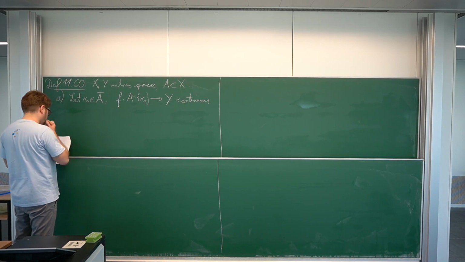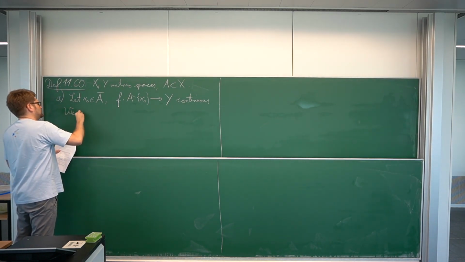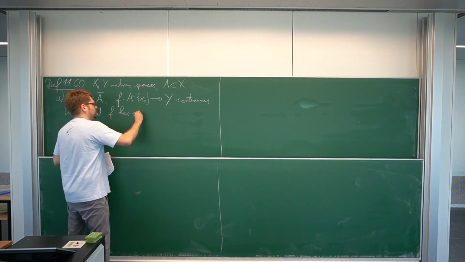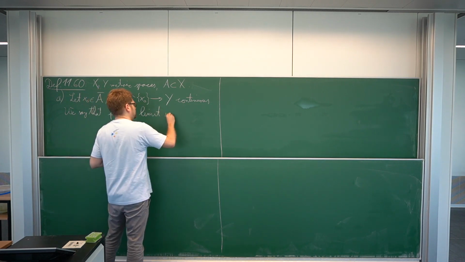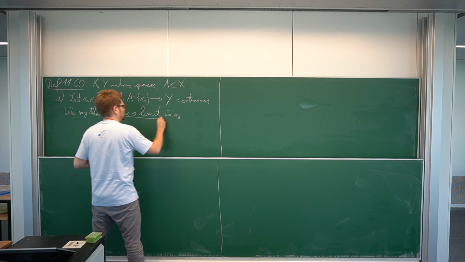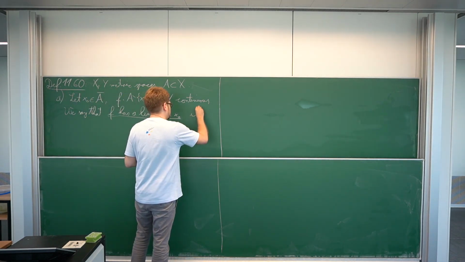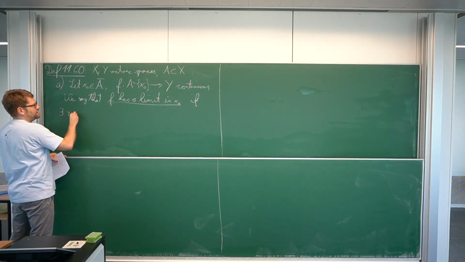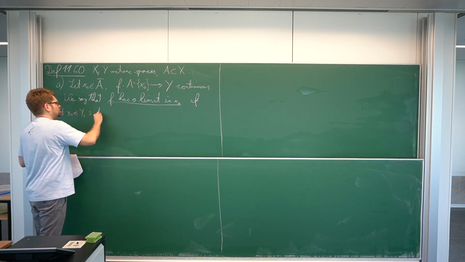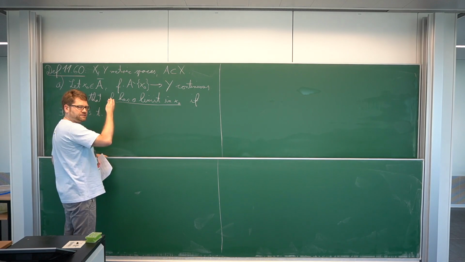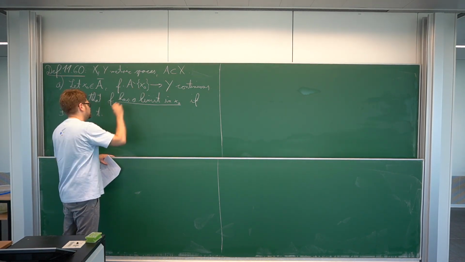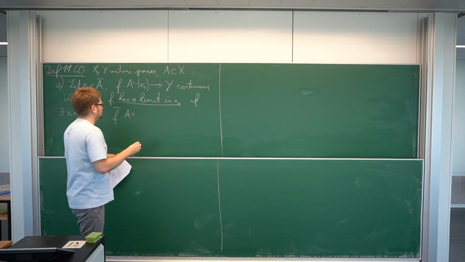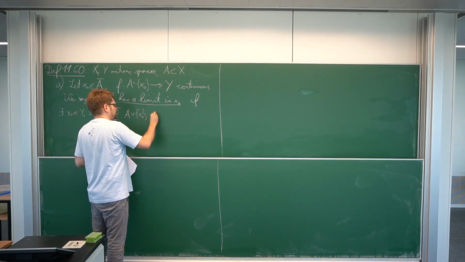So assume we have a point in the closure. We say that f has a limit at this point if there exists some value y0 in Y such that there is a continuous extension f tilde of f to A, with x0 included, where the map f tilde is very analogous to what we did last semester, except that this time we include x0 explicitly.